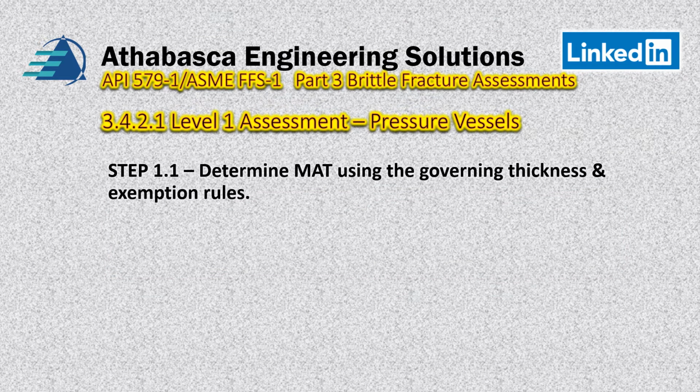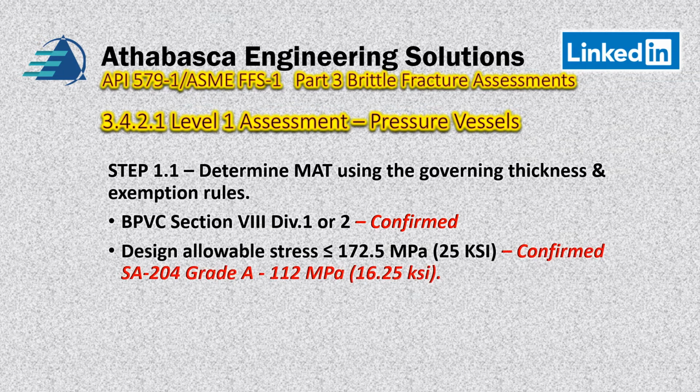Step 1.1, determine the MAT using the governing thickness and exemption rules. First of all, we use the Boiler and Pressure Vessel Code, Section 8, Division 1 and 2. We confirm that from earlier, and the design stress is less than 172.5 megapascals. We've confirmed for SA204 we have 112 megapascals, so we're good to go.